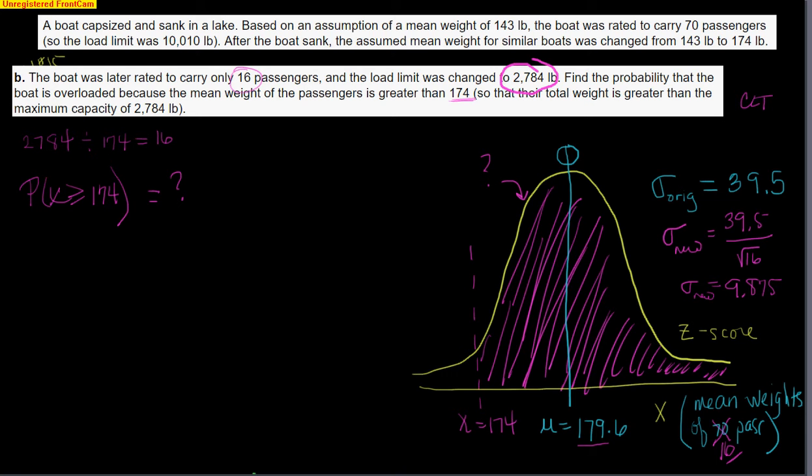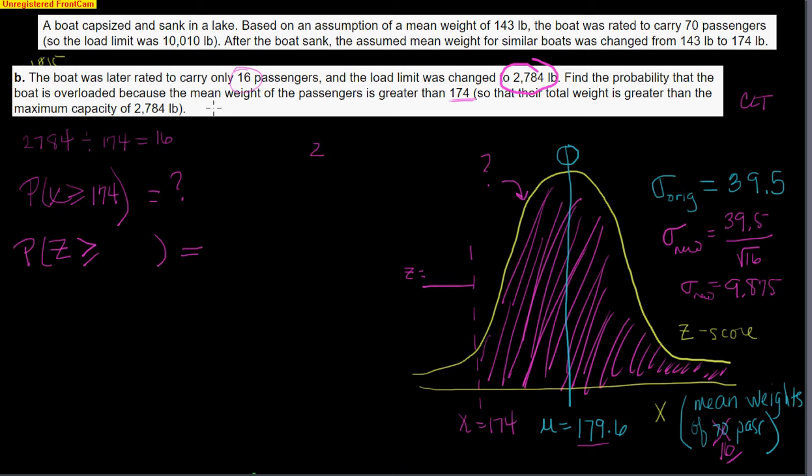All right, to find the probability x is greater than 174, the first thing we have to do is standardize it. That's the same thing as the probability z would be greater than what? Well, let's find that z-score. This is standardizing this 174 into a z-score.